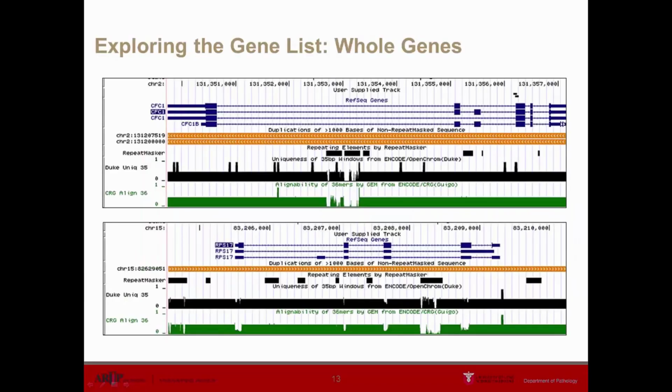But not all genes are perfect genes. Not all genes cooperate biologically. As you see here, there are various transcripts shown, but the row above that, where it says user-supplied probes, shows the probes that were actually able to be placed in the design.